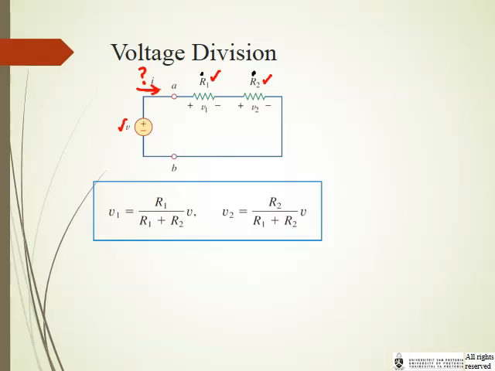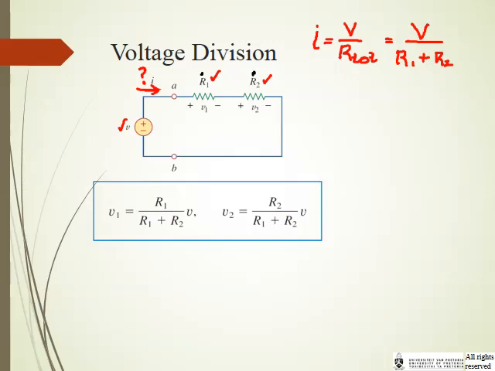Then we can use Ohm's law to say that I must equal V over the total resistance. So what's the total resistance? We have I equals V divided by R1 plus R2. But that's just using Ohm's law.